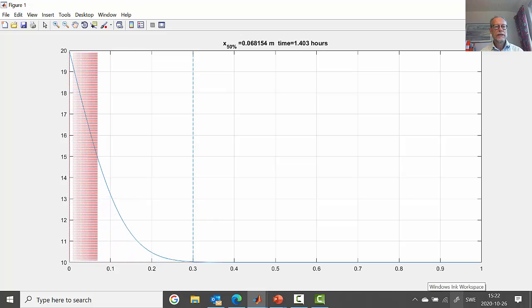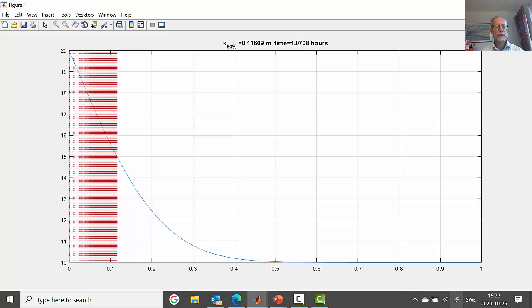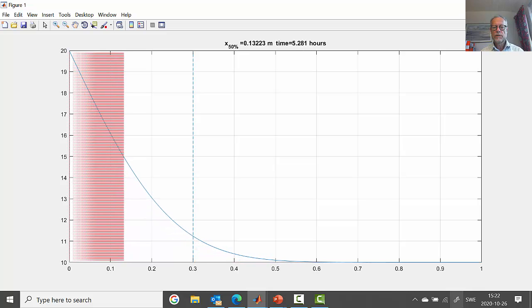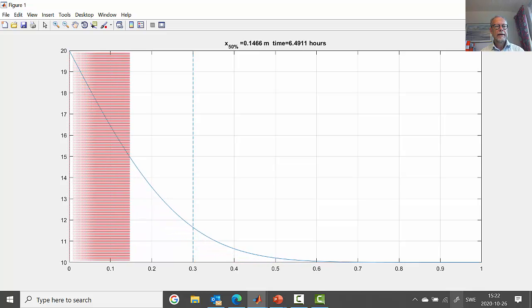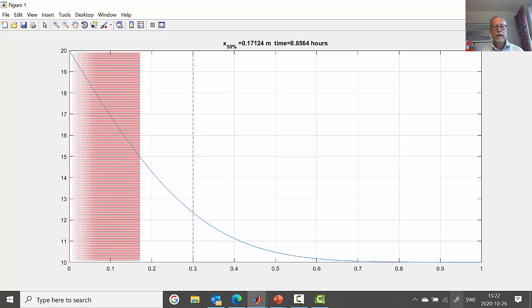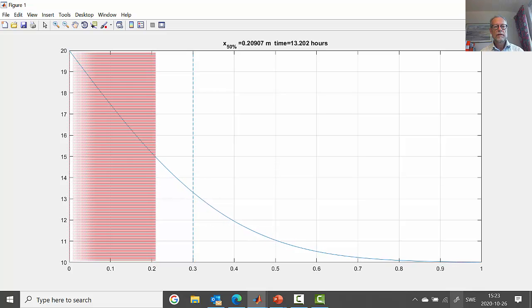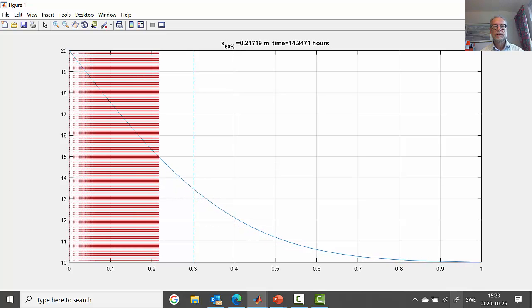Now we see a simulation of how the temperature front, this 50% front, is moving into the material. On the vertical axis we have the temperature. We see the temperature in the whole object is the blue line, and the red front is moving forward. This is the 50% change position.